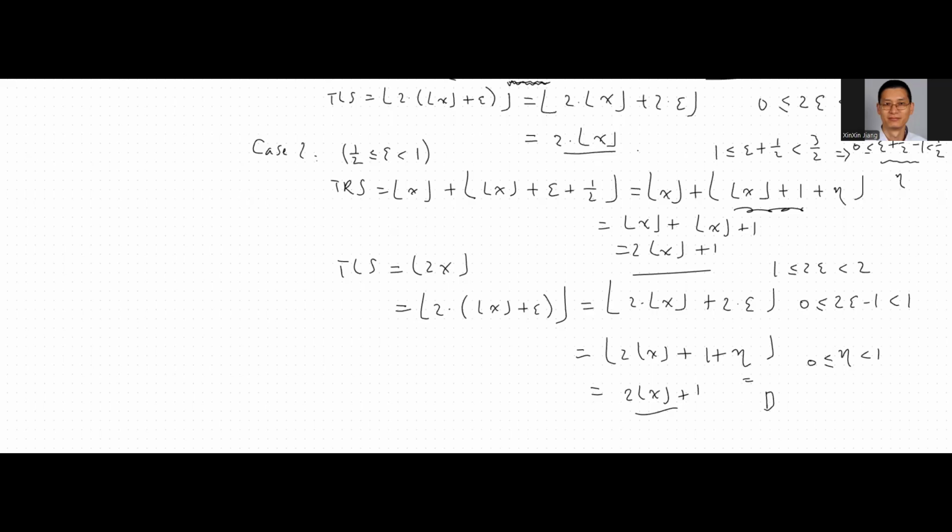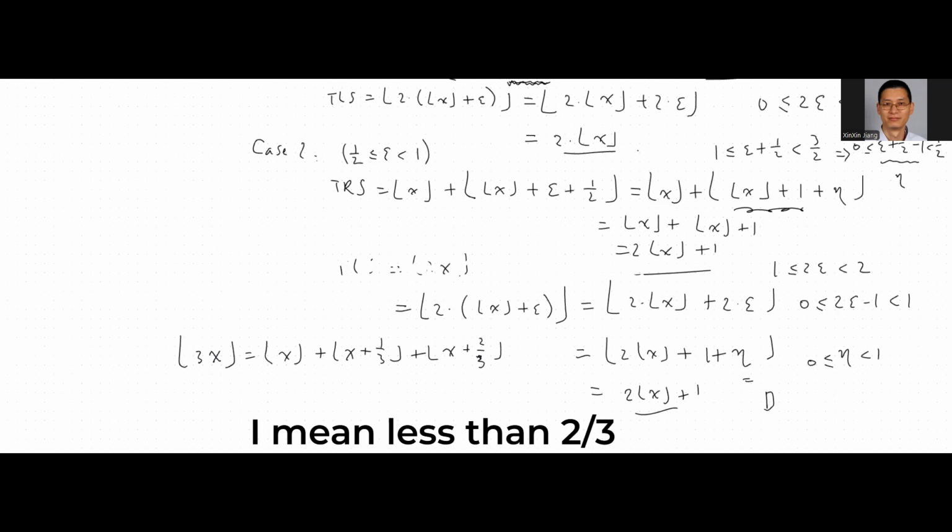There's a homework problem, which I think is about the floor of 3x equals this thing. The idea is very similar, but you need to separate epsilon into 3 cases: greater than or equal to 0, less than 1/3; greater than or equal to 1/3, less than 2/3; greater than or equal to 2/3, less than 1. Be very sensitive about greater than or equal to versus strictly less than.